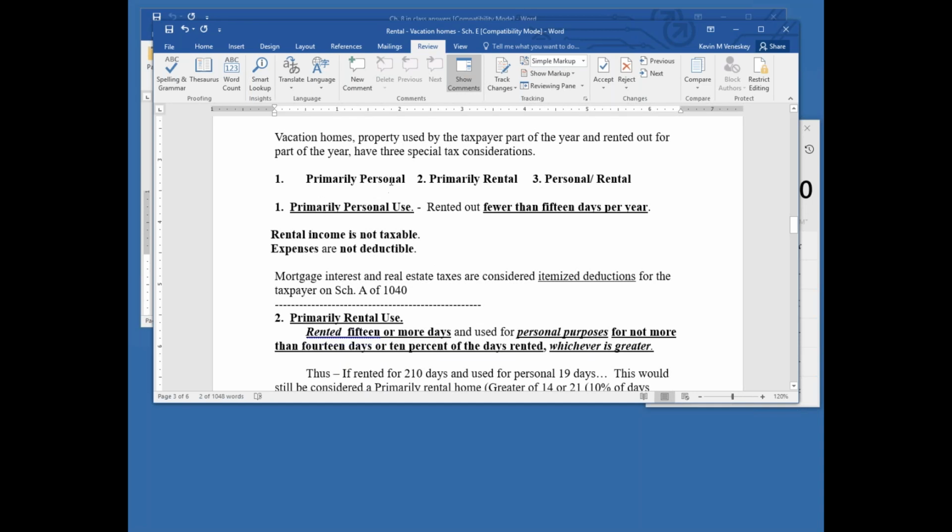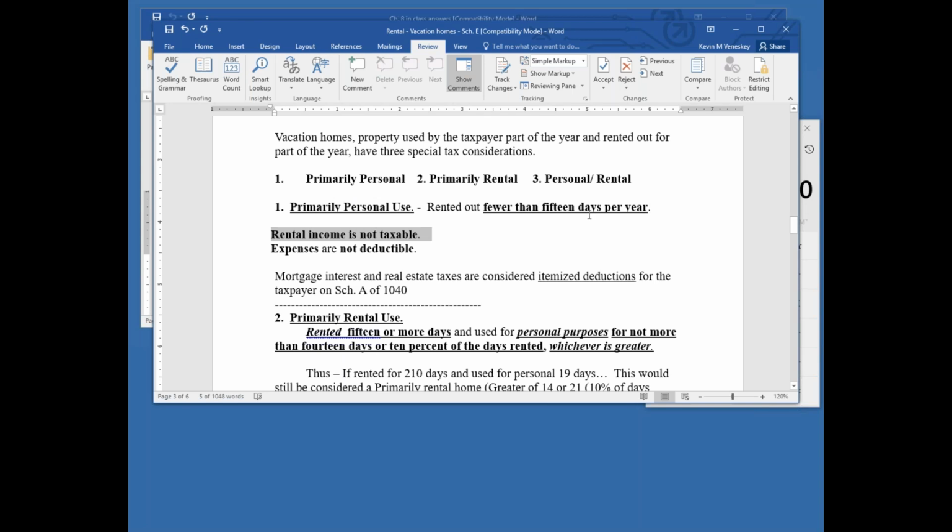So if it's primarily personal, the key here is there's only one rule. You rent it out fewer than 15 days per year. That's it. It's a real simple rule. You rent it out less than 15 days a year, look what happens. This is one of the rare times that in tax you could get income and it not be taxable.